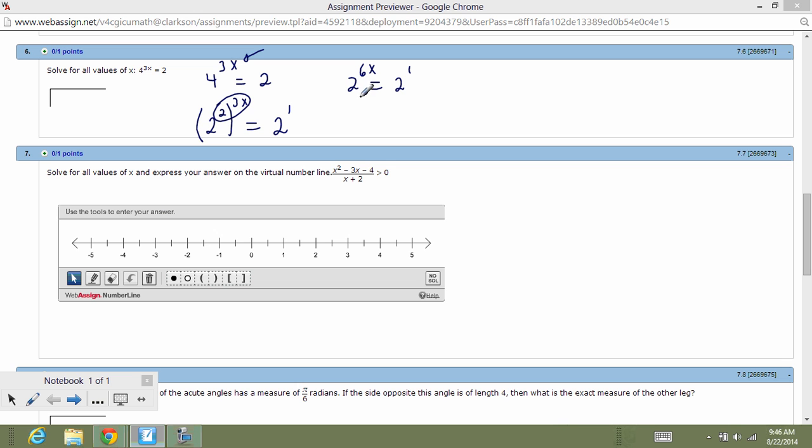We now have the same base. They're both 2's. The expressions as wholes are equal. And so from this, we know that 6x has to equal 1. Consequently, x is equal to 1/6. And so in the answer space, a 1/6.